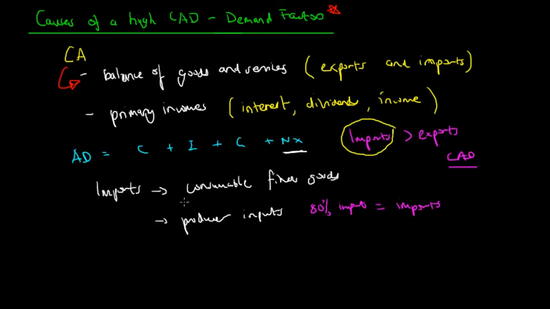So now we've talked about how consumable final goods are a component of imports. We can talk about what causes people to consume more imports. So what causes consumers to consume more final goods or services that are imports? Firstly, their incomes rise. When your incomes rise, you tend to purchase more overseas, and that's where our imports increase.